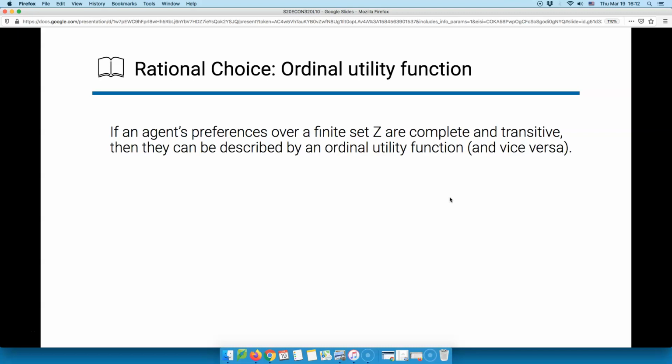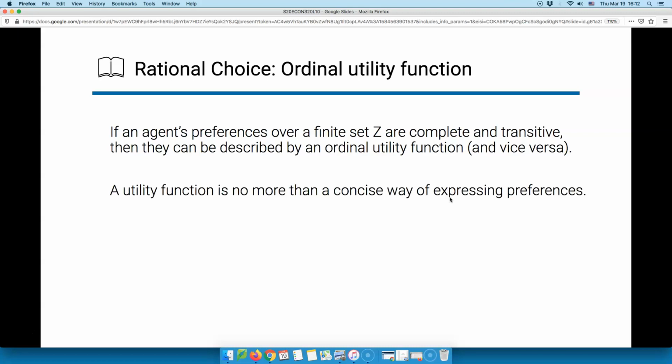So if an agent's preferences are complete and transitive, they can be described by an ordinal utility function. Basically, we can rank all alternatives if there are no gaps, the preferences are complete, and the preferences are transitive, so the decision maker does not go in circles. If that's the case, any ranking of such preferences is called an ordinal utility function.